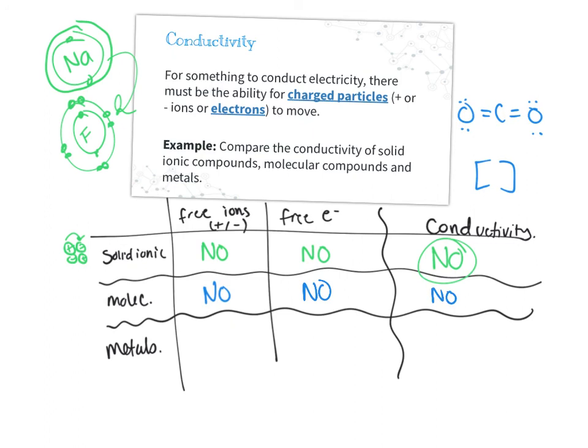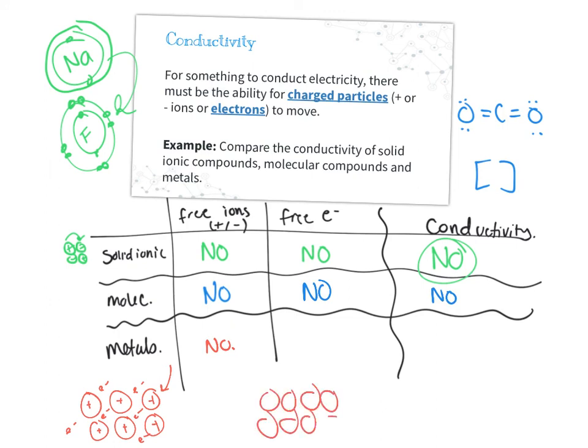Last but not least, we have our metals. Remember, those were positive cations, organized like this with their electrons hanging out around. Are these ions able to move? Not really. They're stuck in that arrangement of being really nice and flat.